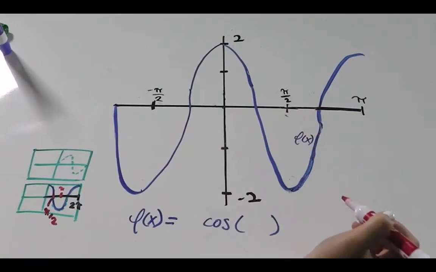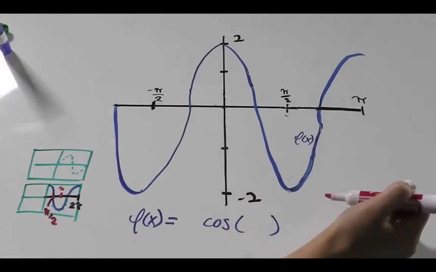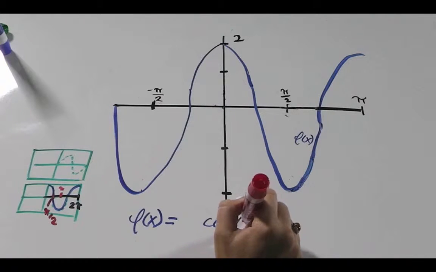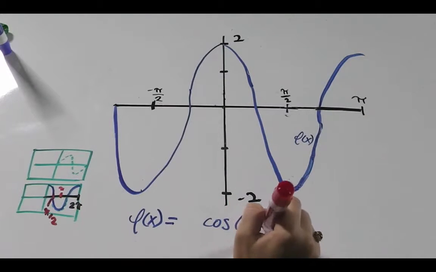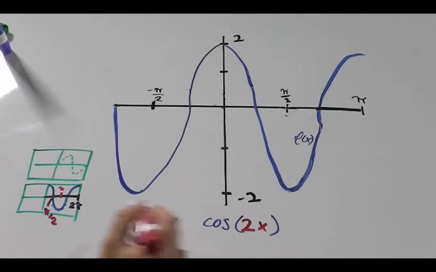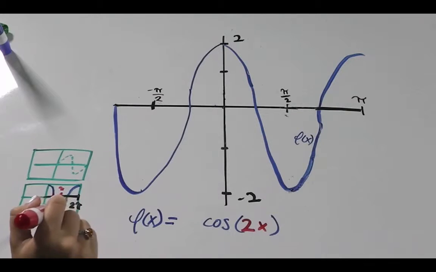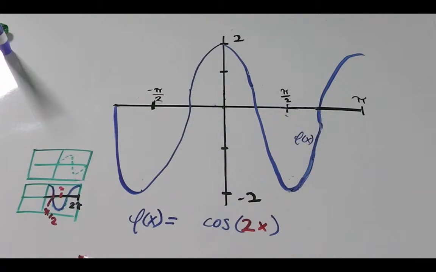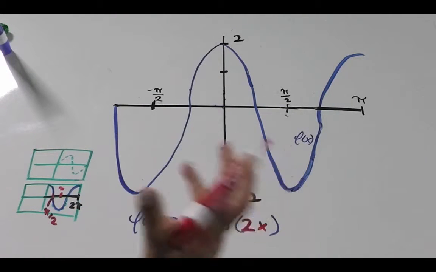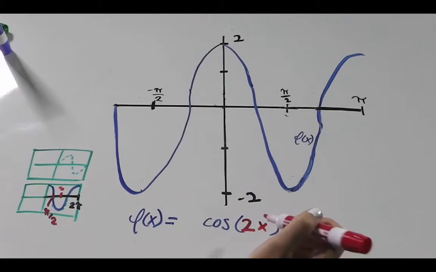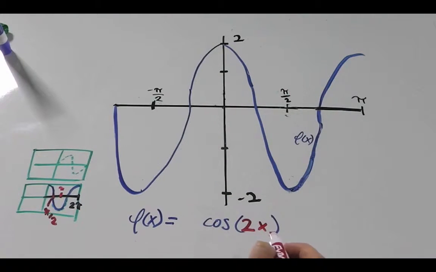But in our function, it takes us halfway through a cycle. So it's almost as if we plugged in 2 times as much of that x. That x counts for twice as much in the period of our function as it does in the period of our generic cosine function. To visualize that more clearly, try plugging in pi over 2 to the function cosine 2x and also into the function cosine of x.